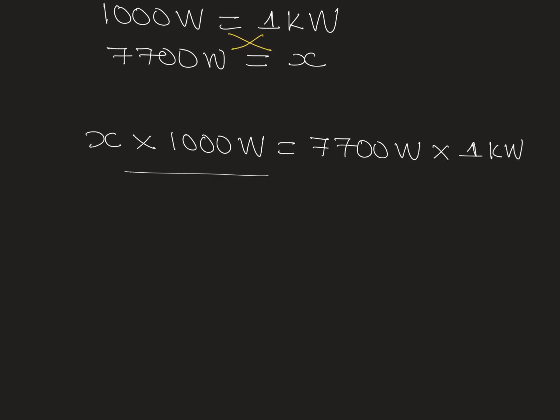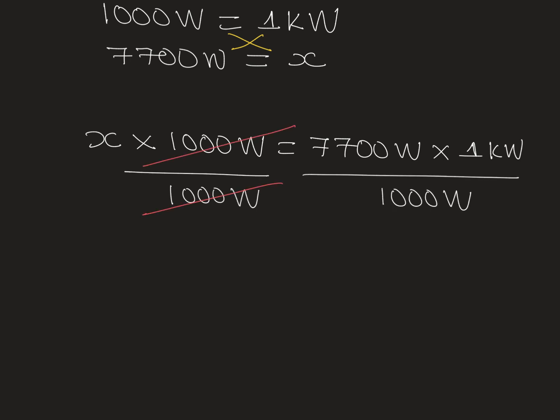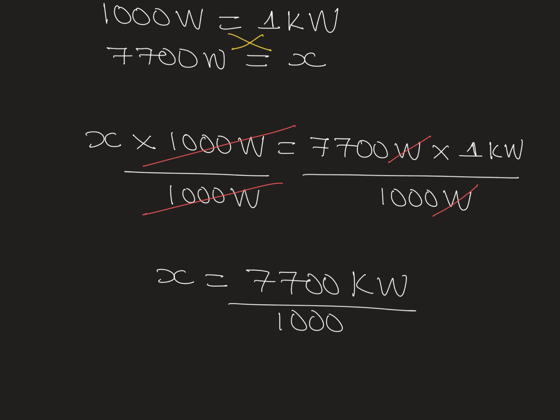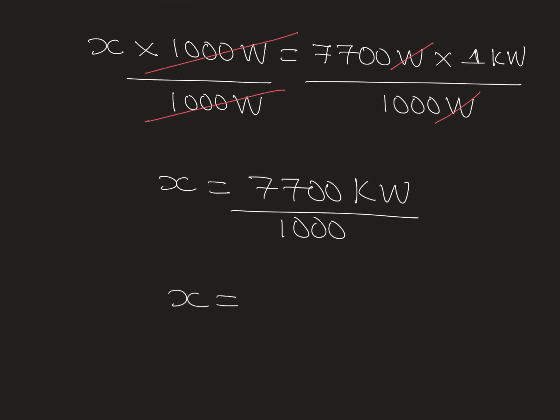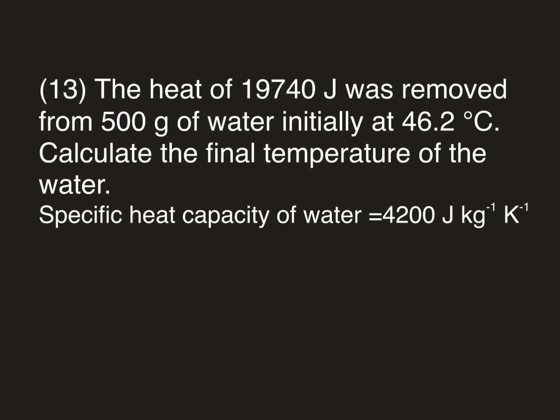To find X, we will divide both sides by 1000 watts. So this will cancel this, and watts will cancel watts. X will be equal to 7,700 kilowatts divided by 1000. So X will be equal to 7.7 kilowatts.